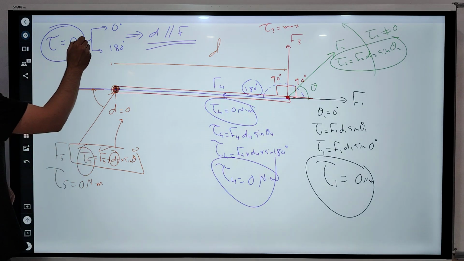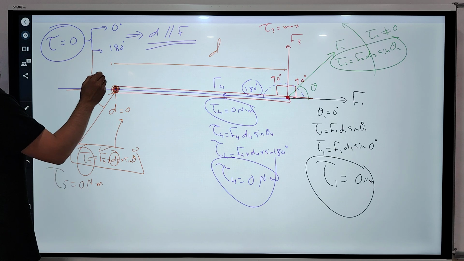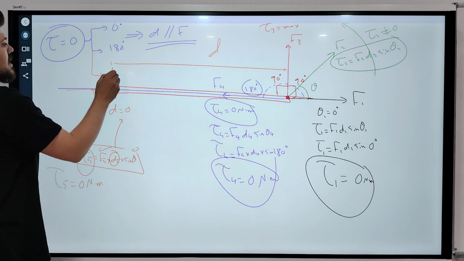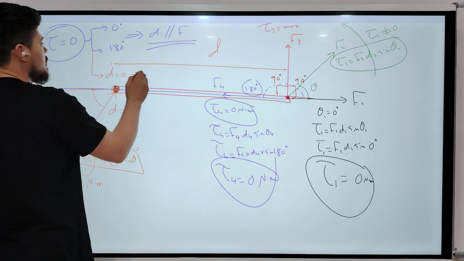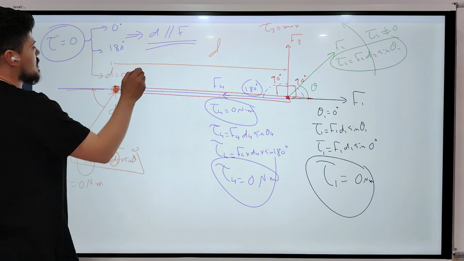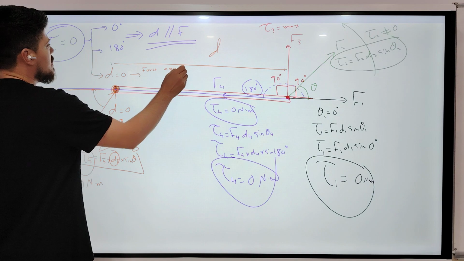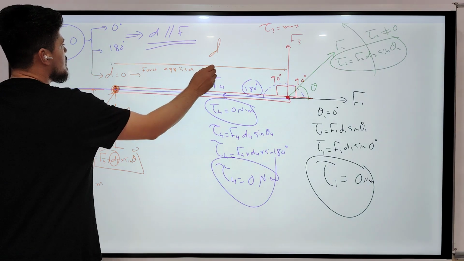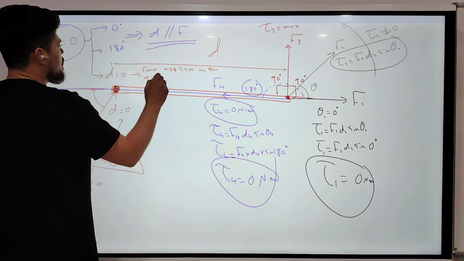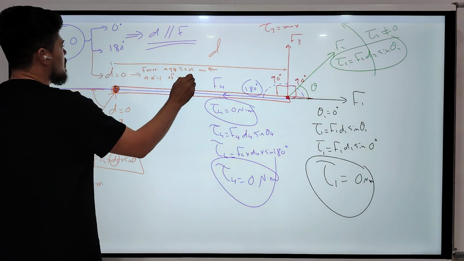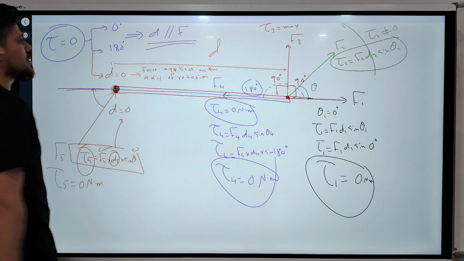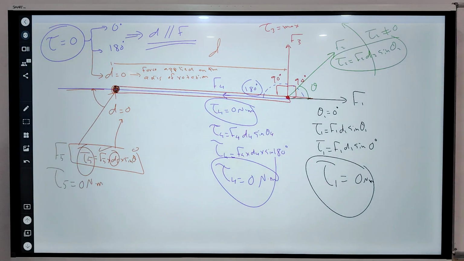So we can add another case: when distance is 0, or you can say when the force is applied on the axis of rotation. In that case, no torque is produced and torque is equal to 0.